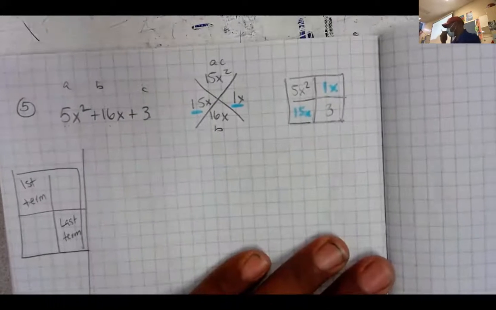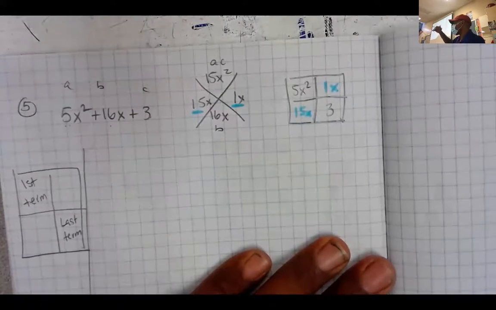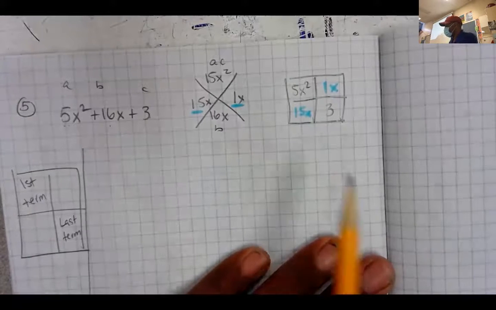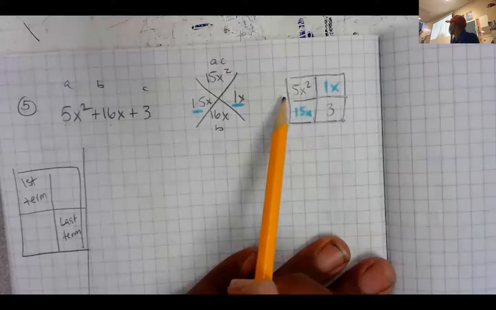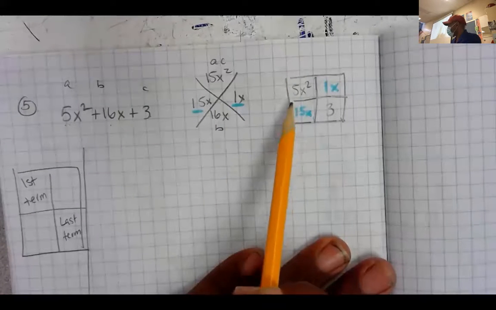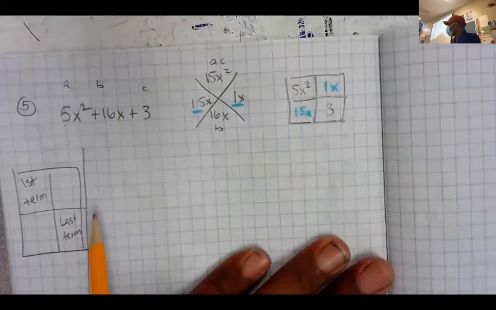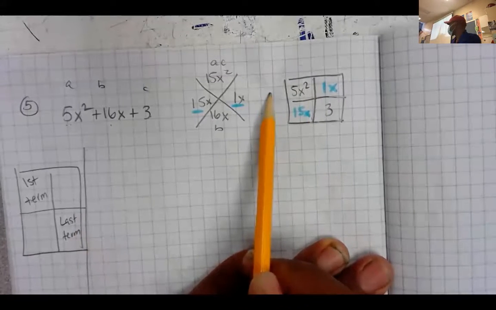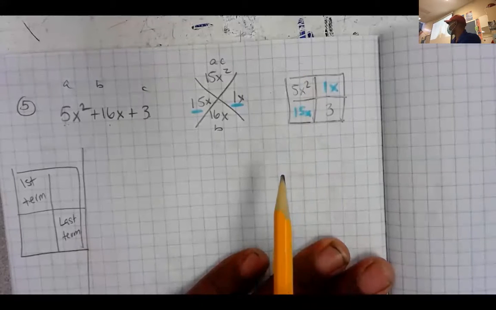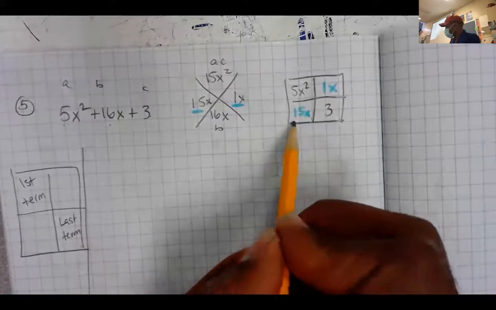Okay, now, again, just like before, we need to find the numbers that go on the outside. Now, this is important because, yes, we know that 5 times 1 is 5, but where does the 5 go? Does it go above or does it go to the side? How do you know? Right, because the bottom is 15.